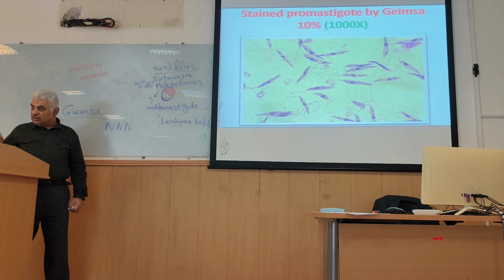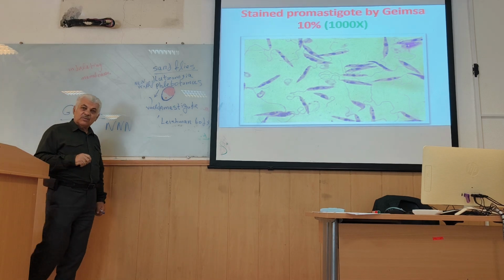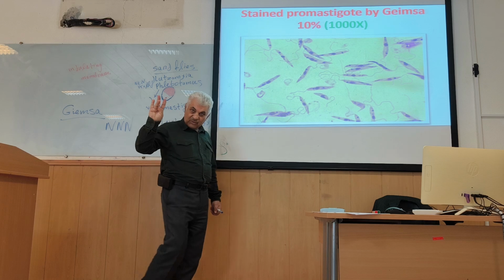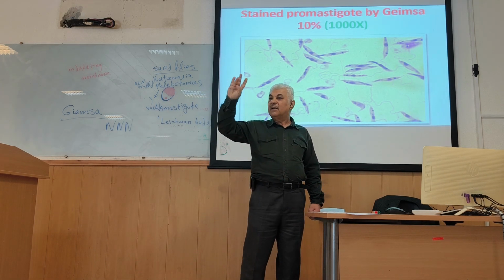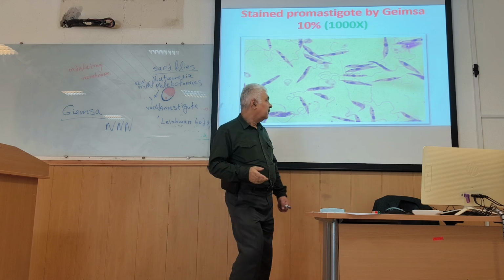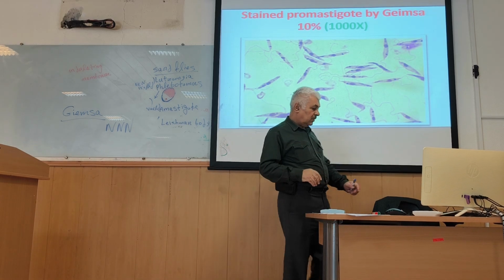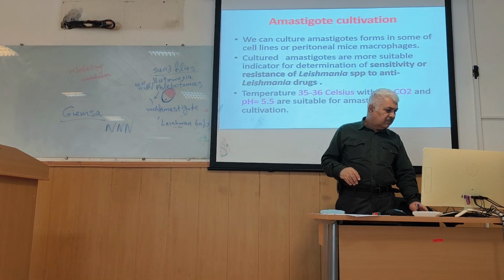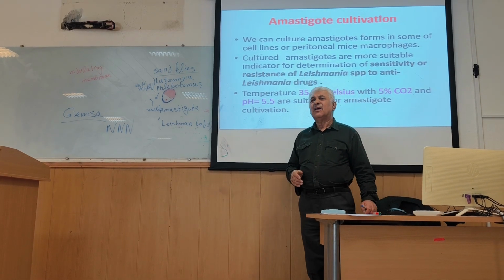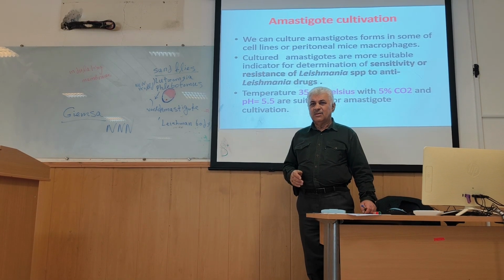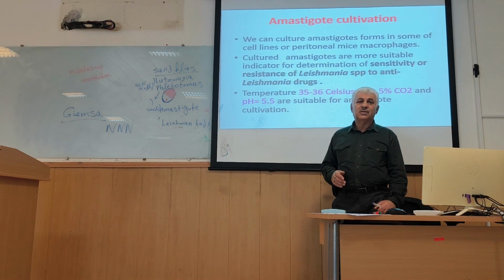So, the first stage for the diagnosis of leishmaniasis is parasitological methods. Parasitological methods are divided into microscopy, then culture, and then animal inoculation. In culture, sometimes we can culture the amastigote form, but it is very difficult.